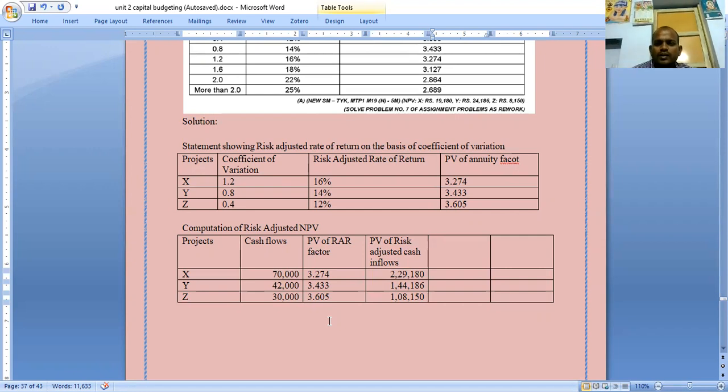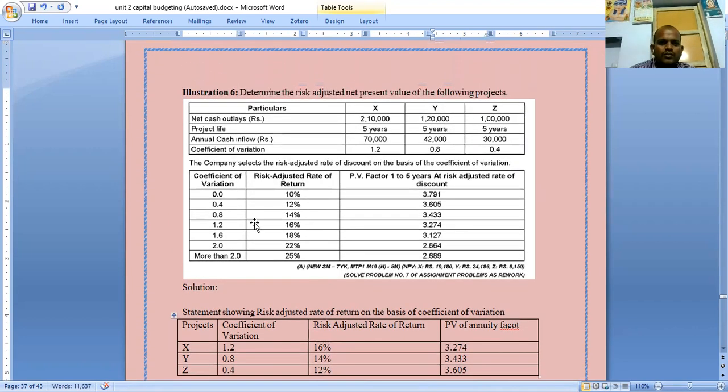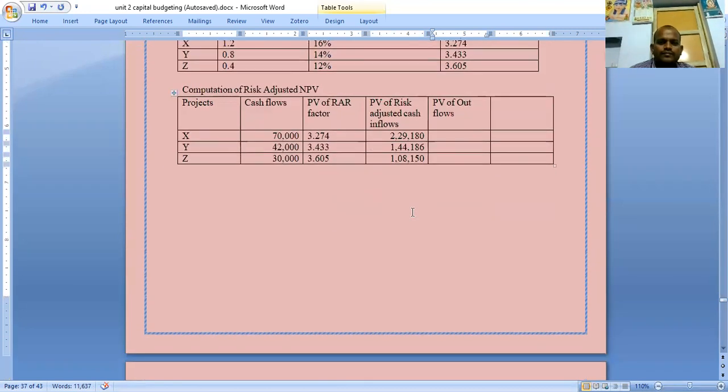The formula for NPV is PV of inflows minus PV of outflows. How much is the outflow? 2,10,000, 1,20,000 and 1 lakh.